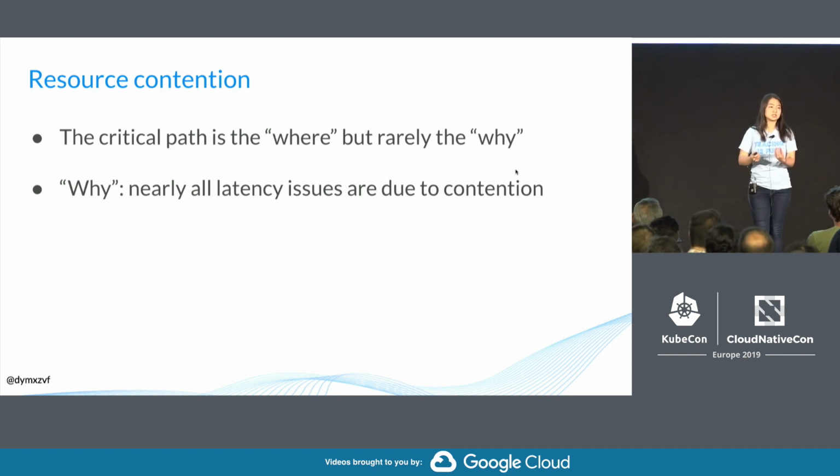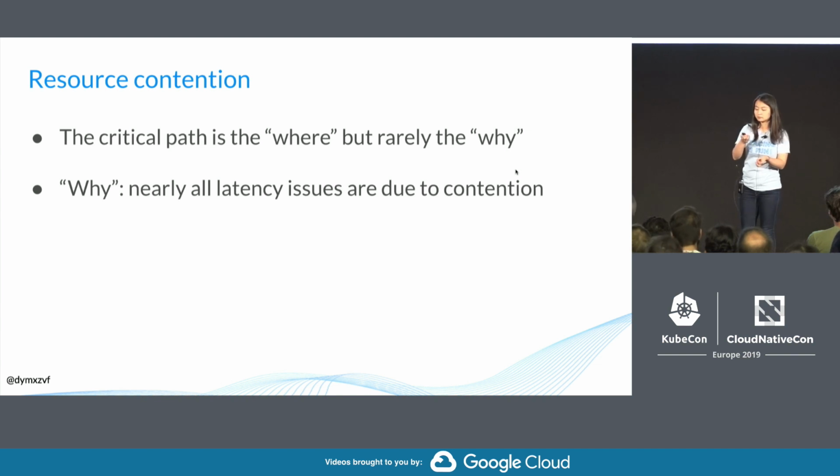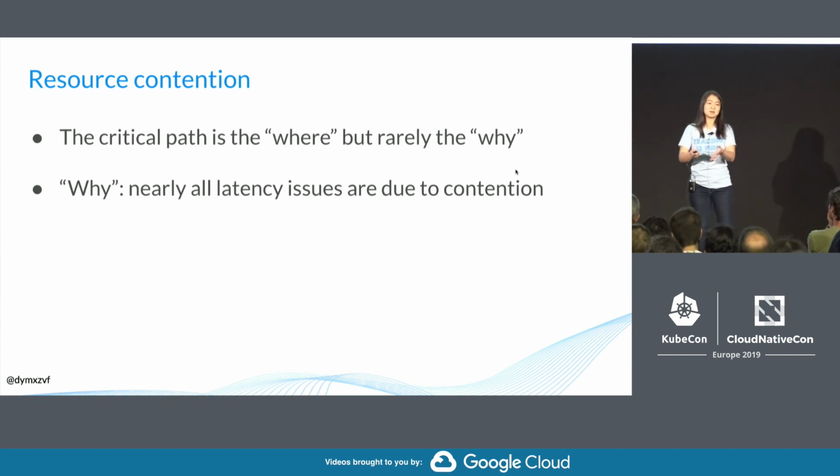It's about resource contention, contending for a common resource, a mutex, a lock, basically. Sometimes it's contending for machine resources, CPU, network. Sometimes it's contending for maybe a cache, maybe a database query. But nearly all latency issues boil down to resource contention. Different processes, different threads wanting access to the same thing.